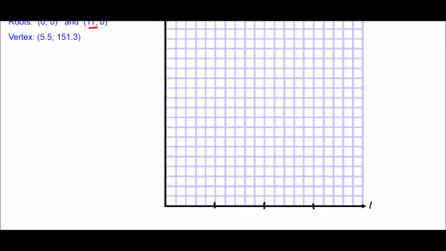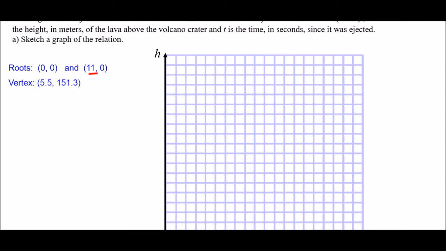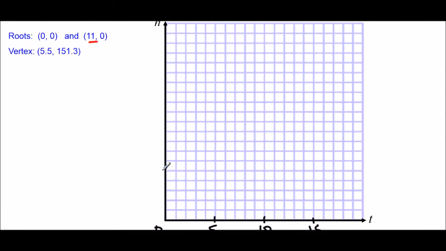So yeah, I can definitely use just a nice simple scale here for time. Now for height, I need to get to 151, so obviously I'm going to scale it. Let's call this 50, 100, 150, and then that way I can fit all my nice points on it.